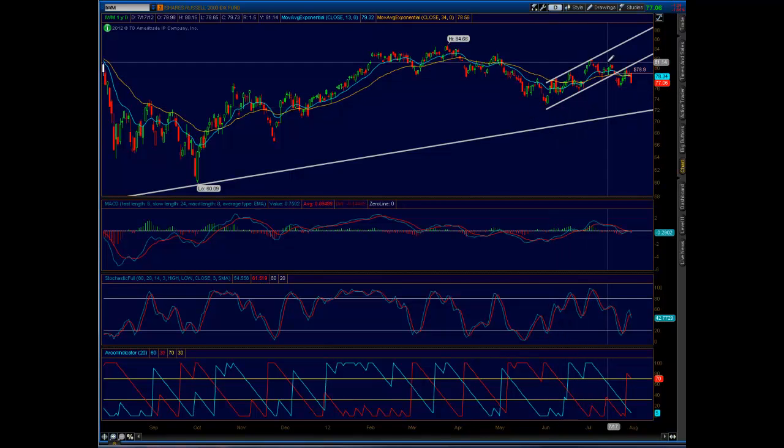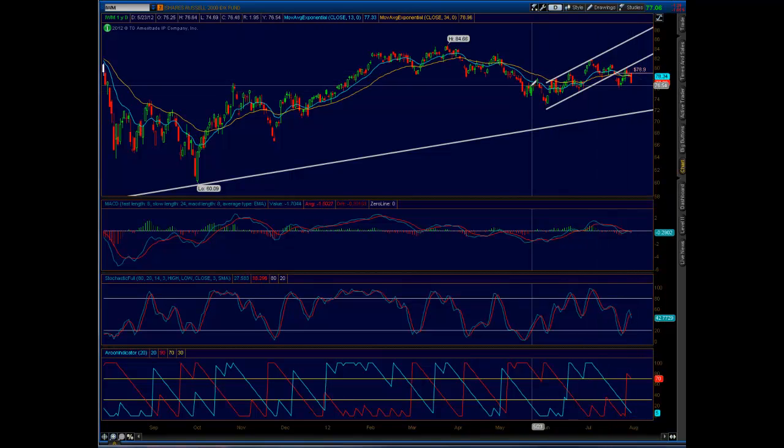After this, we broke down from this bearish wedge, which was at the end of July 23rd. All we've done is backtest this pattern, and once we backtested, we've had nothing but downage.